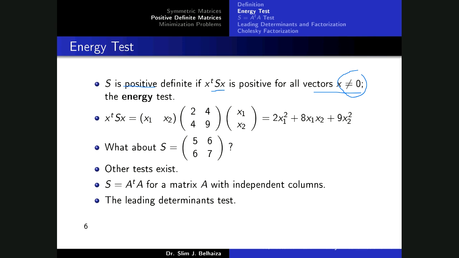So for example, if you take your matrix S, you plug it between x transpose and x, and you compute x transpose S x, you get a polynomial, for instance when x is in R2. Why is that supposed to be positive? Can you tell me, guys, in which cases this is positive? I can plug it here, for example: 2x1 squared, 8x1x2, and 9x2 squared.